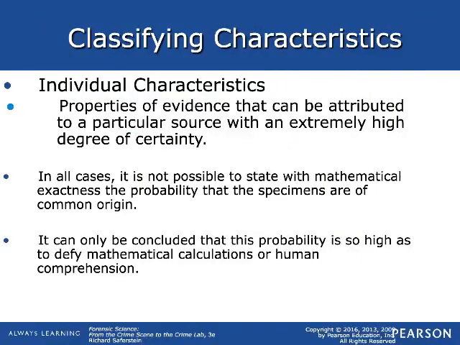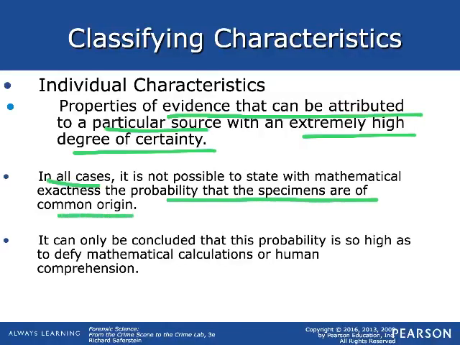Okay, now, individual characteristics are properties of evidence that can be attributed to a particular source with an extremely high degree of certainty. So it's coming from the Buick that Bob drove when he was at the crime scene, not just a Buick. In all cases, it's not possible to state with mathematical exactness the probability that the specimens are of common origin.